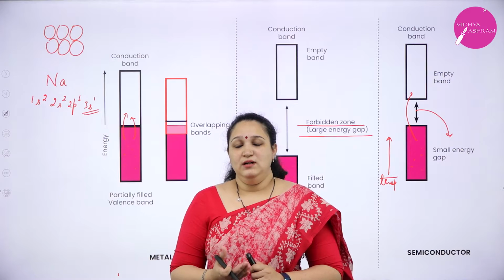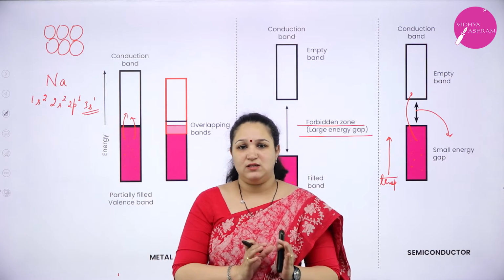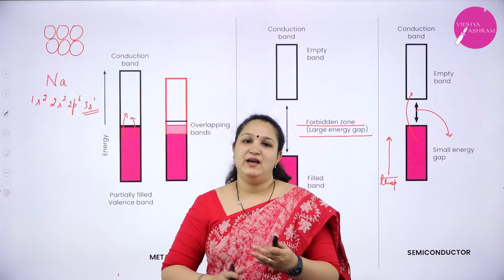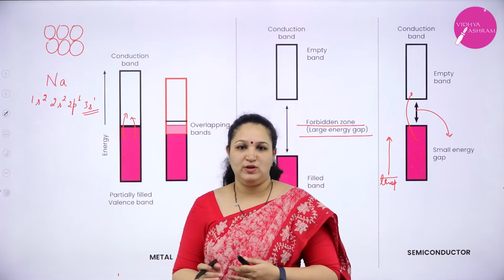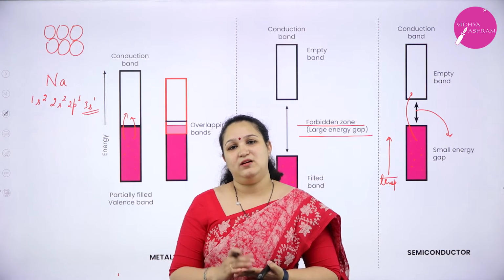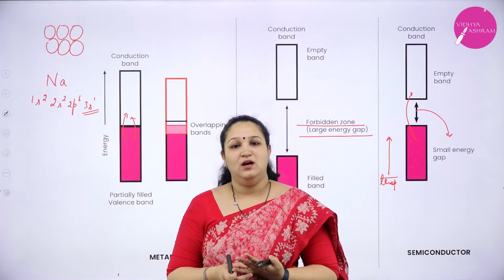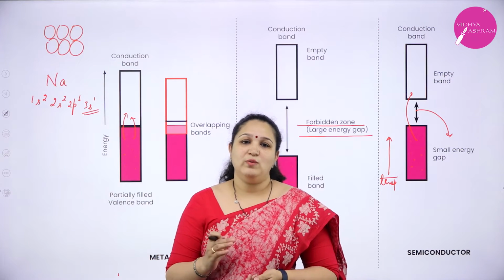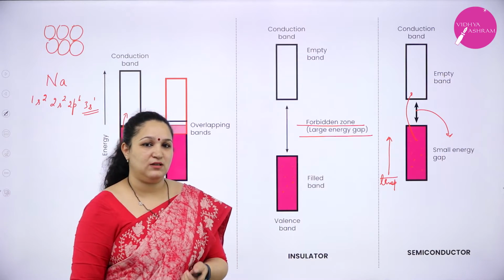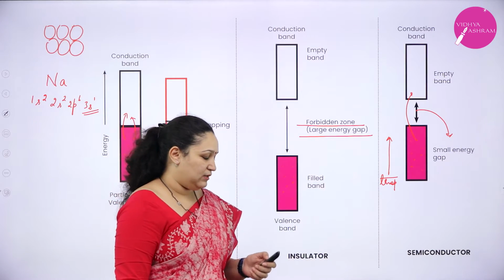Next, we learn only about semiconductors. We are not going to learn in detail about conductors and insulators. More about the electrical properties of certain solids you will be learning in physics. So now we will go into semiconductors. What are semiconductors?